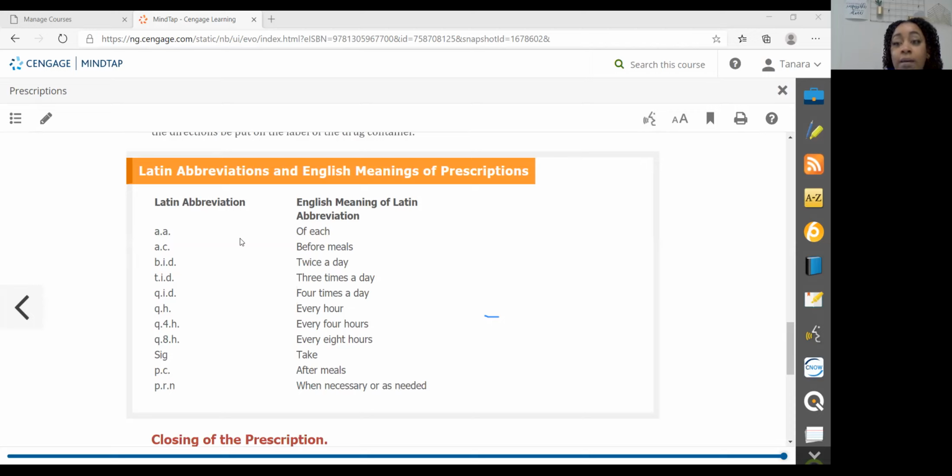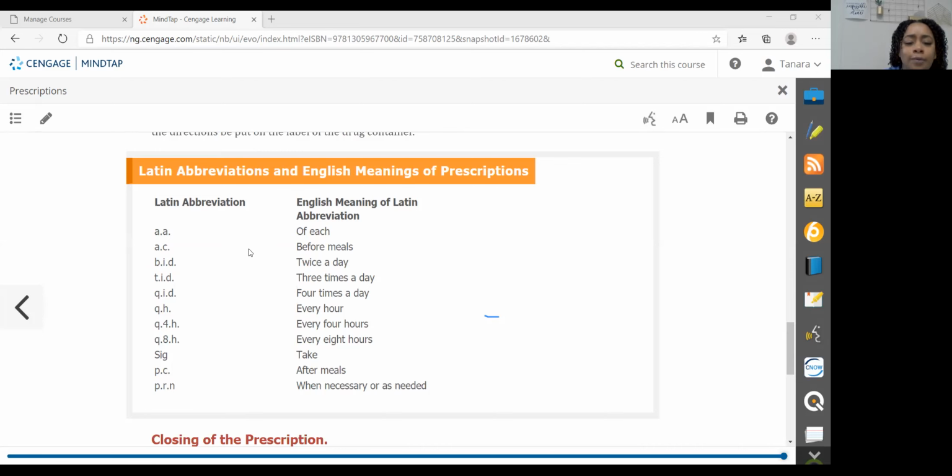Q8, you would take that medicine every 8 hours. And of course, we know SIG would be take, and PC, you would take that after meals. So one medicine you take before you eat, which is the AC, and the PC would be after meals. PRN, as we discovered earlier, when necessary or as needed.